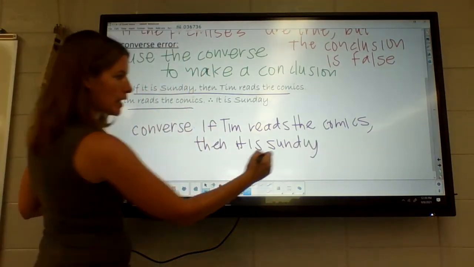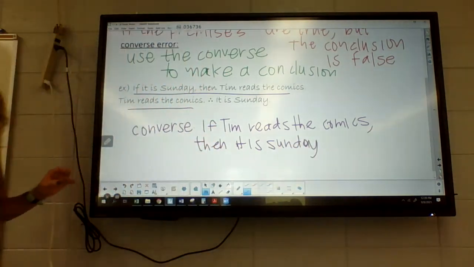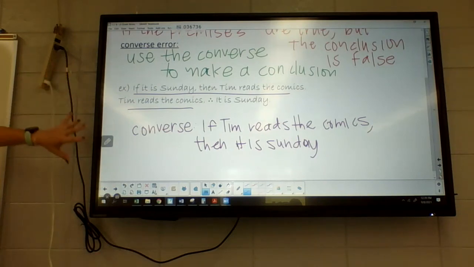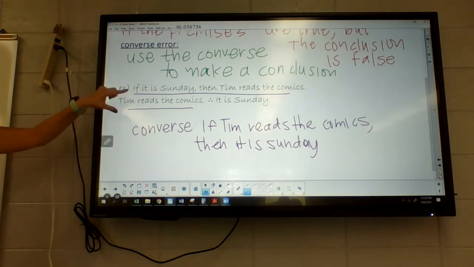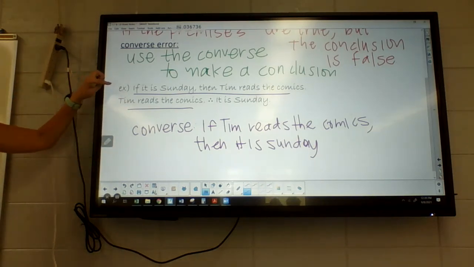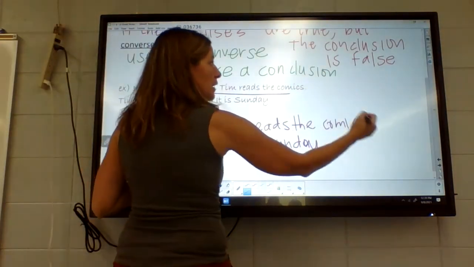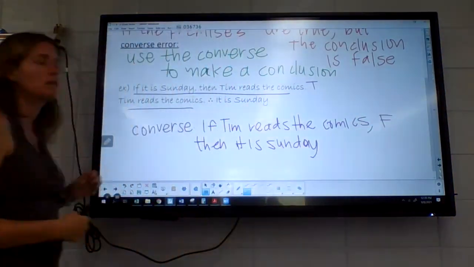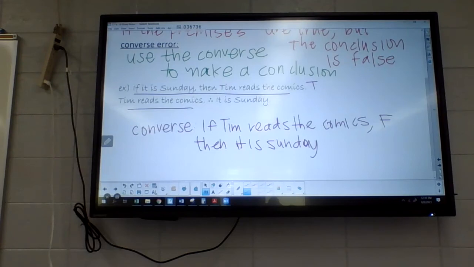Typically, if the regular statement's true, the converse is typically false, or vice versa. So usually they're not both true. If they're both true, then we do that if and only if thing. So typically, if this is true, this is false. That's typically the way converse and original statements play out.